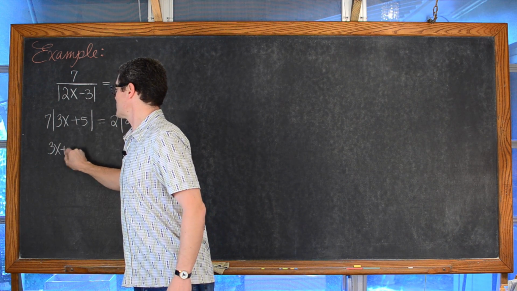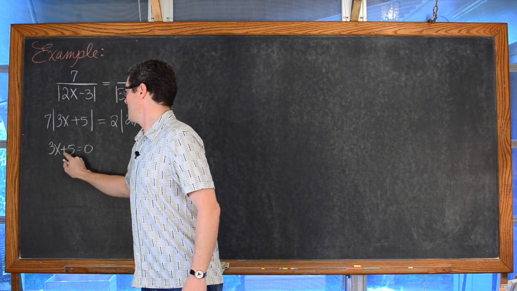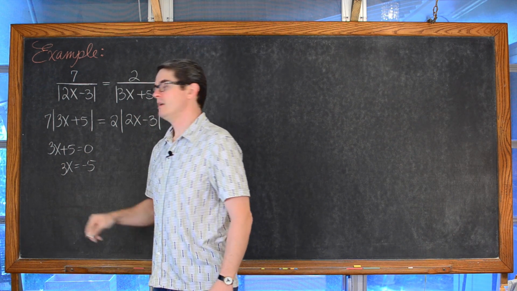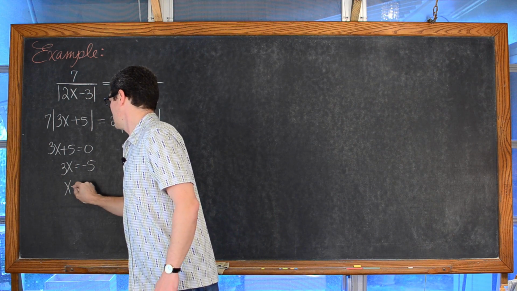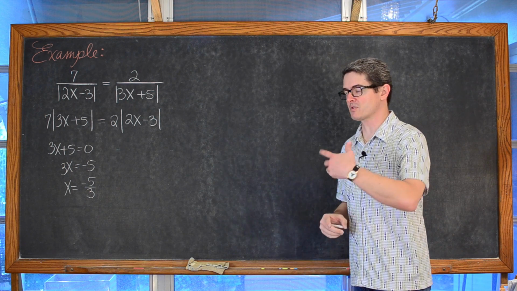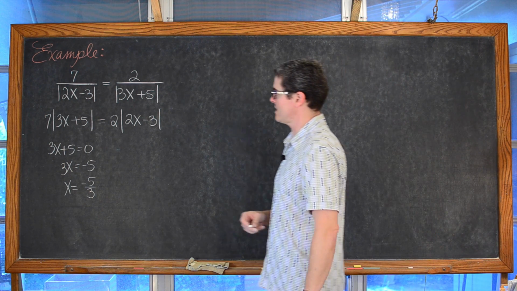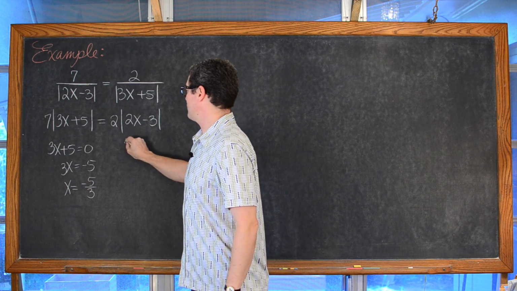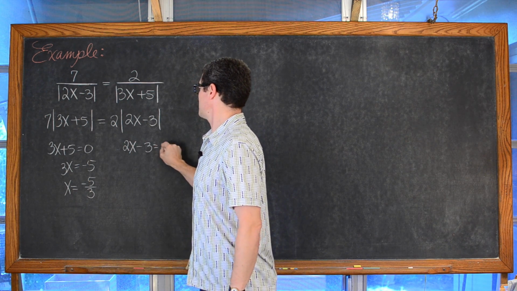So we have 3x plus 5 is equal to 0. Moving the 5 over, we get 3x is equal to negative 5, and dividing by 3, we get negative 5/3, which is approximately negative 1.67, or negative 1.6 repeating. And here we have 2x minus 3 is equal to 0.